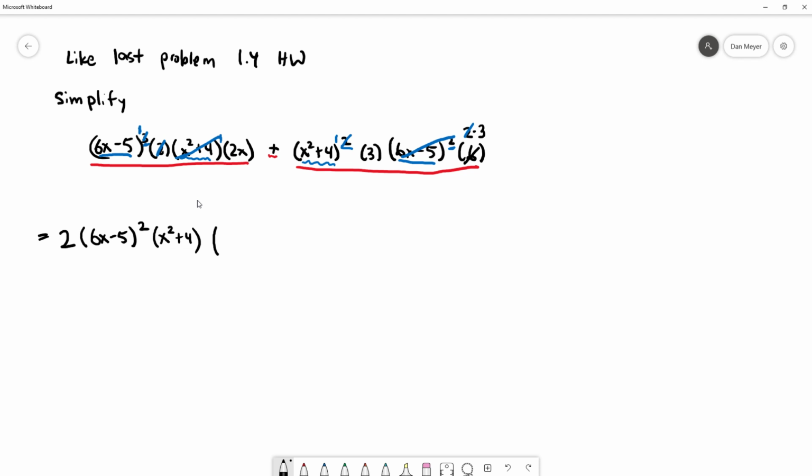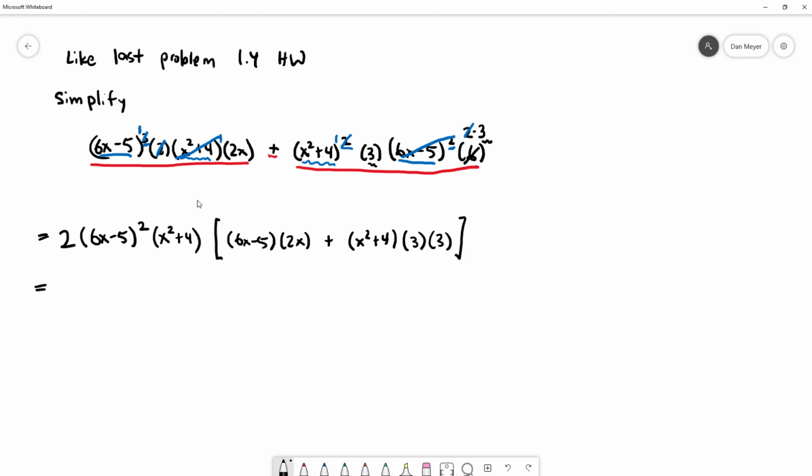What I'm left with is, from the first expression, a 6x minus 5 still sitting there, and a 2x. From the second expression, I have an x squared plus 4 factor left. I've got this 3, and I've got that 3.